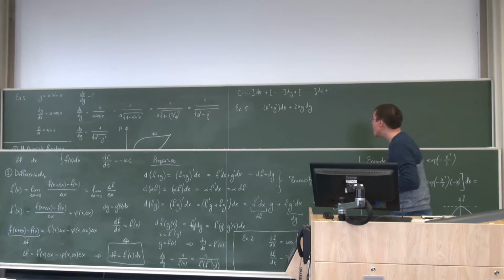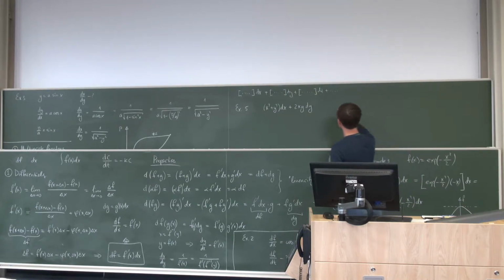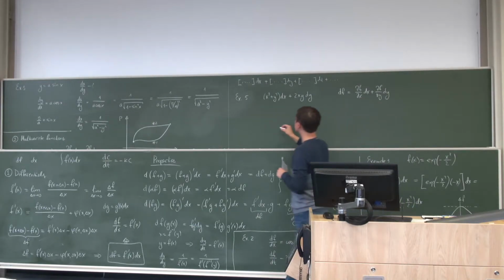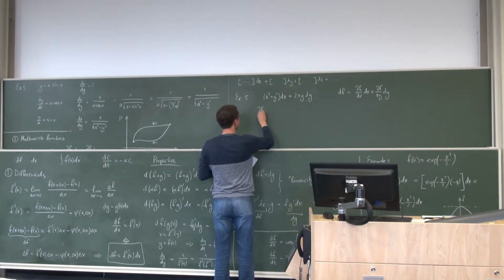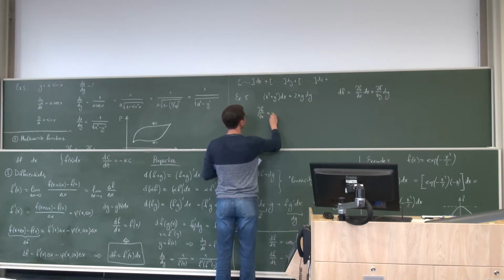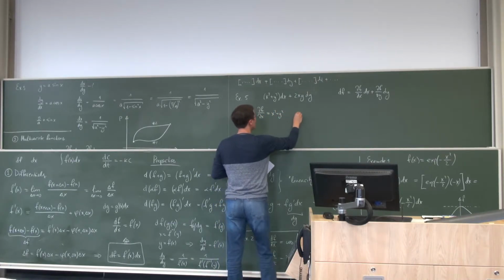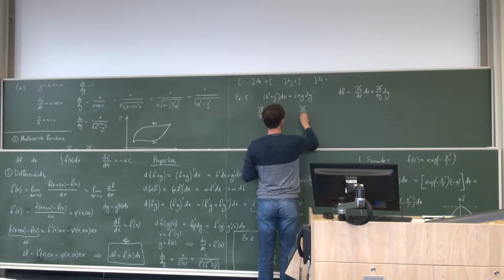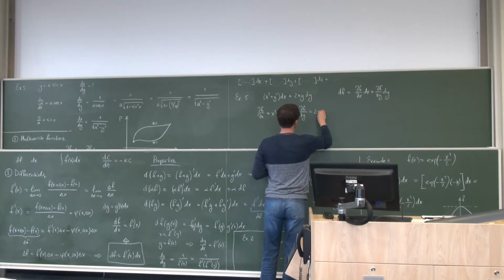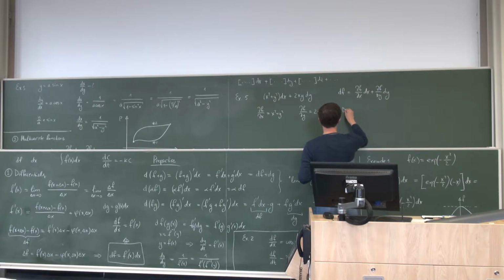Does there exist such a function f for which df equals df by dx dx plus df by dy dy? Essentially, does there exist a function where df by dx is x squared plus y squared, but df by dy is 2xy? So does f exist?